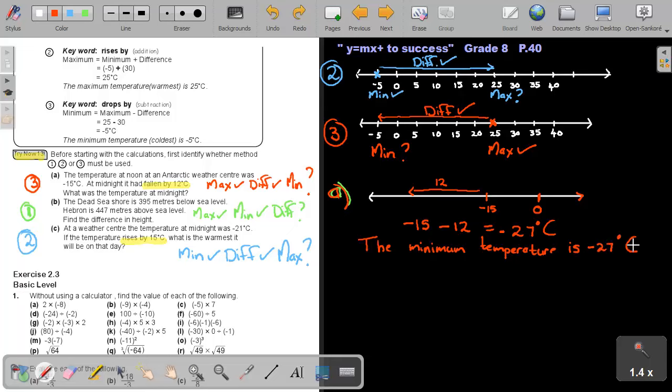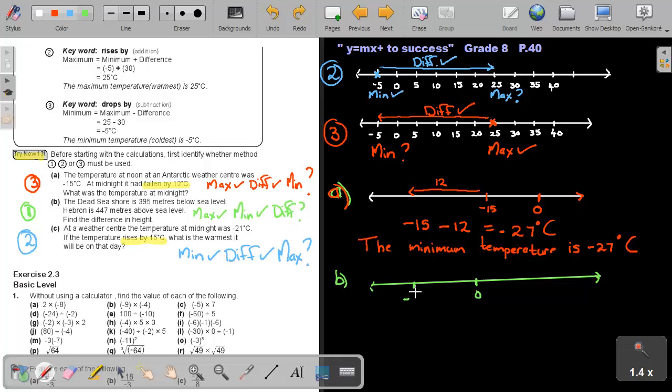Okay, let's do number B. Let's try to concentrate on our colors now. This is number B. Let's keep everything green. Okay, let's just read. The Dead Sea shore is 395 meters below sea level. So there is 0. And if it's below, don't forget to put your negative.